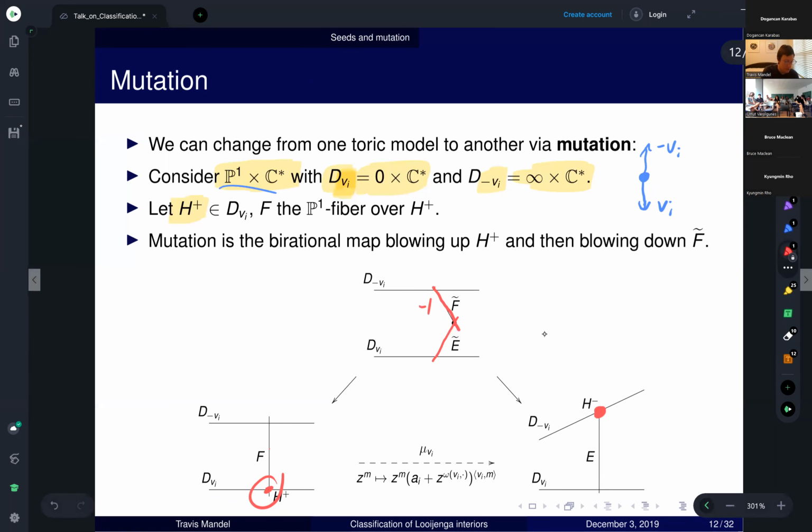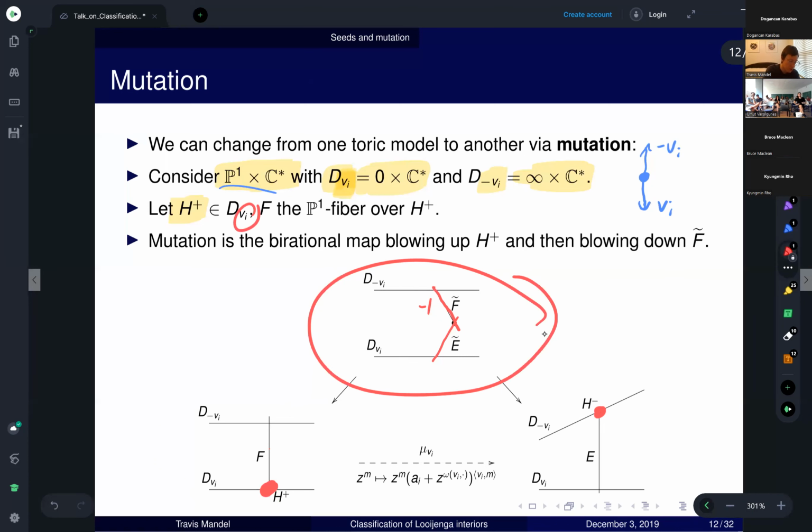And maybe just assume for right now that our seed has only one V_I. So, just for the sake of example, suppose our Looijenga interior comes from just blowing up this one point, this one non-toric blow up.